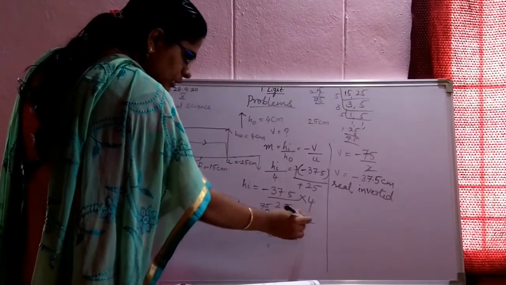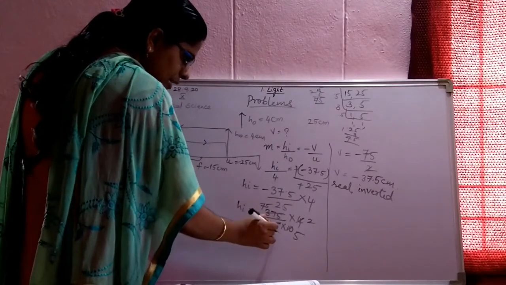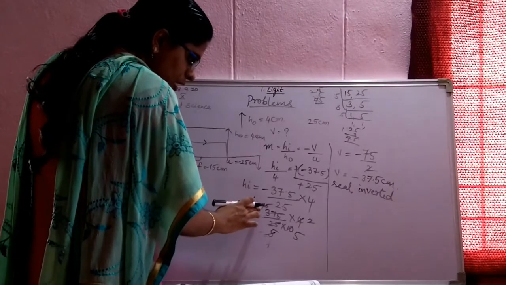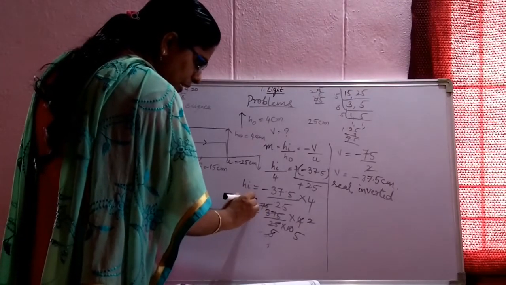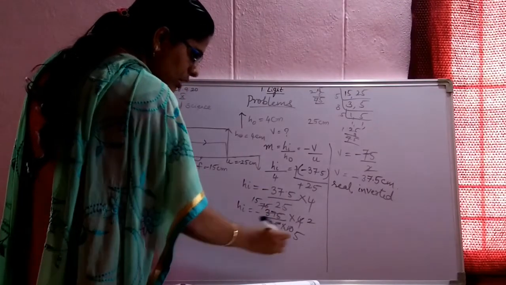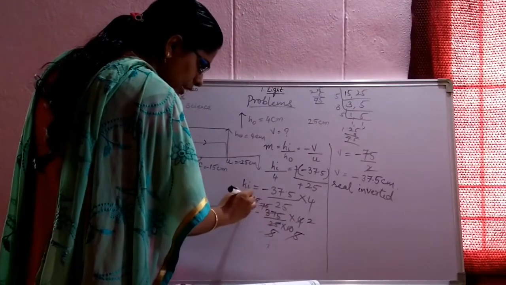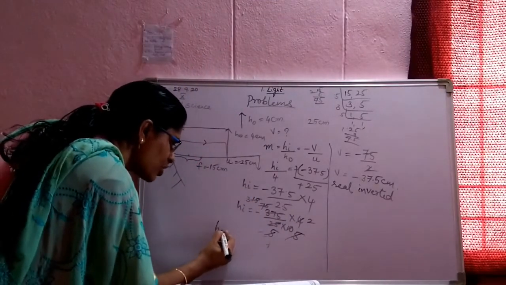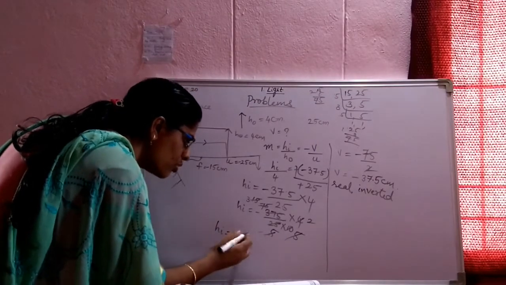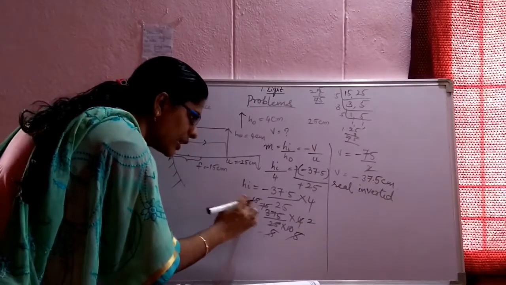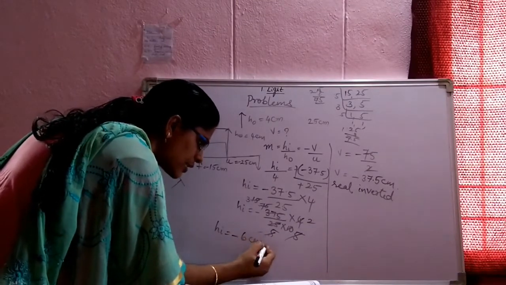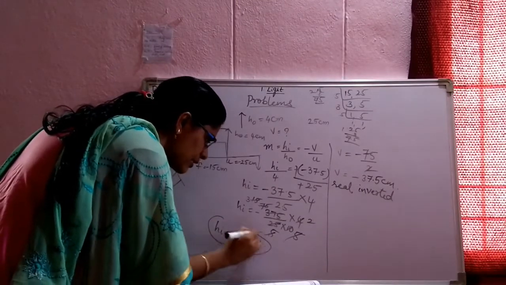Now, 2 is there, 75, how many times again? 5 table, 5 1s, 7 minus 5, 2, 5 5s, 25, again 5 3s, minus is there. Now, HI equals minus 3, 2, 3 into 2 is 6 centimeters.